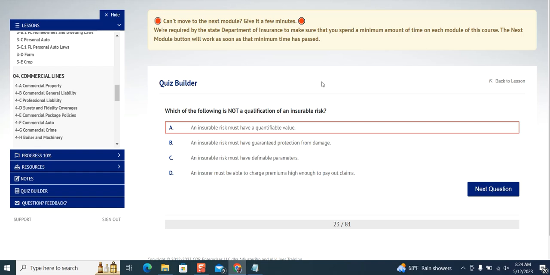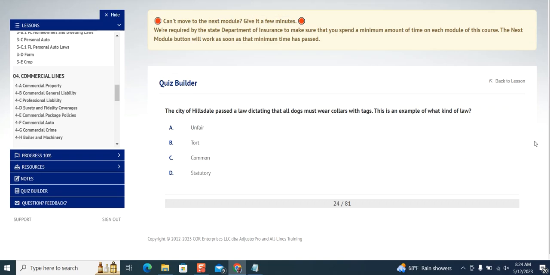Oh, I read the question wrong. It said not a qualification. Oh yeah, A was right, I just misread the question. My bad. It should have been B. An insurable risk must have guaranteed protection from damage. Yeah, that's not true at all.